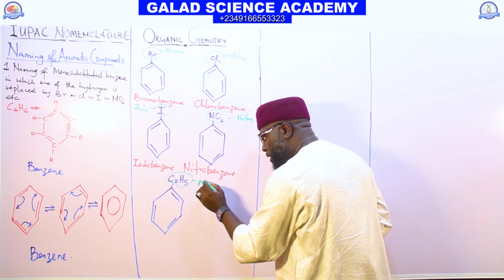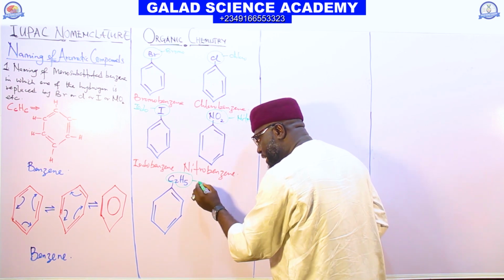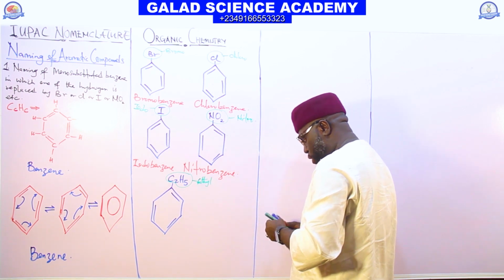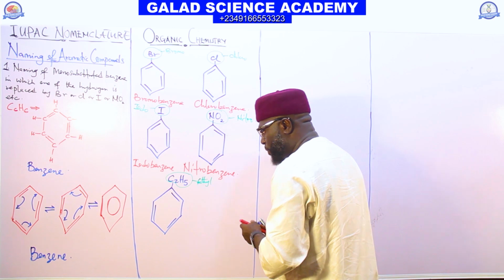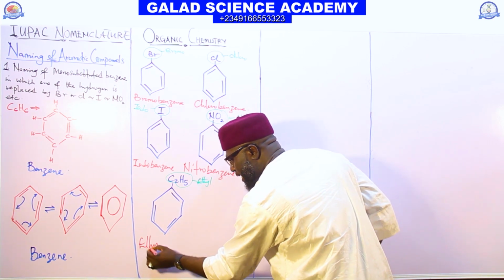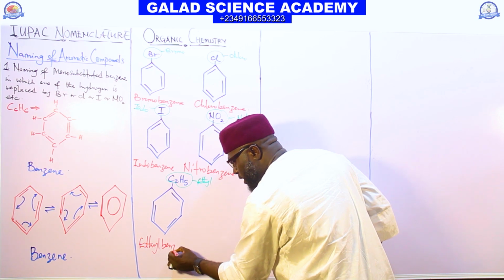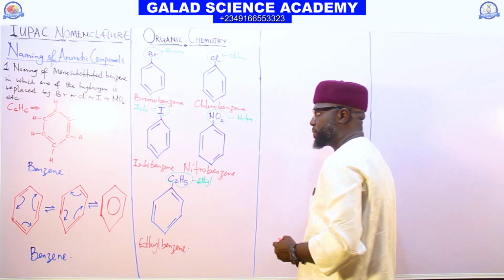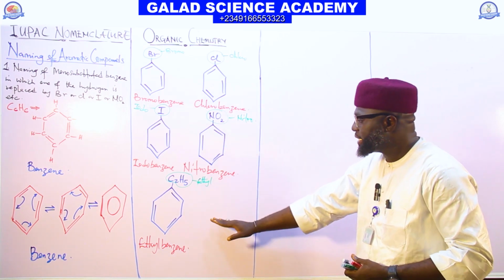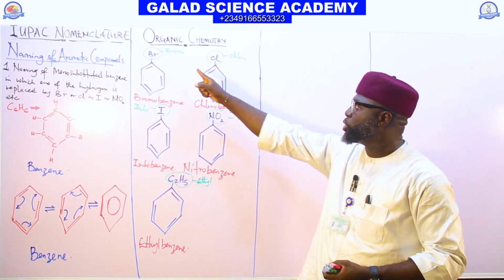And the name is called ethyl. We call it ethyl group. So what will be the name now? Attach the ethyl to it, we call it ethylbenzene.